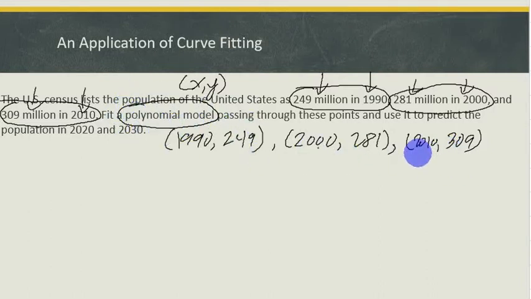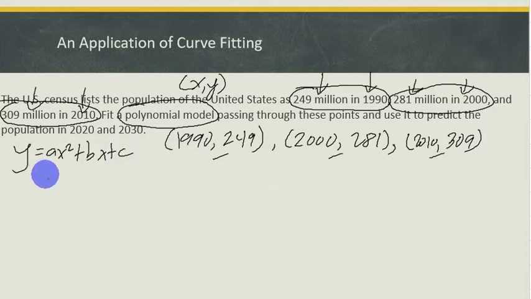So based from these values, we are now going to create our polynomial model. Based from our number of points, we have 3 points. Therefore, we're going to create a quadratic model. Given its general form of y is equal to ax squared plus bx plus c, let us now construct our model.